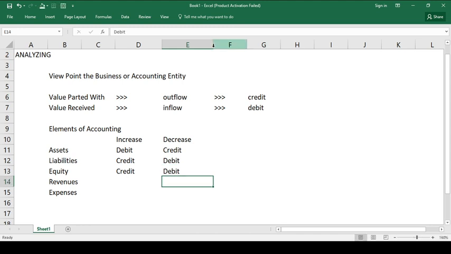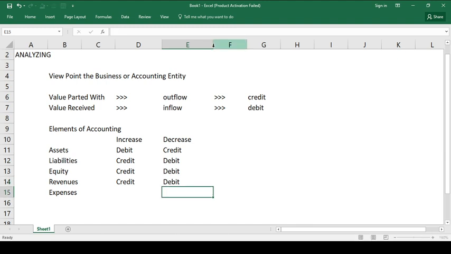That is a debit. If revenues naman, itong mga gains, kita, if we want to increase our revenue, that would be credit, and if we want to decrease our revenue, that is debit.